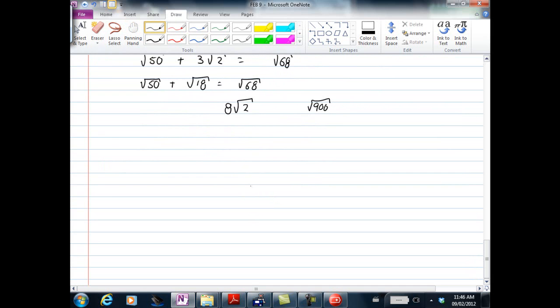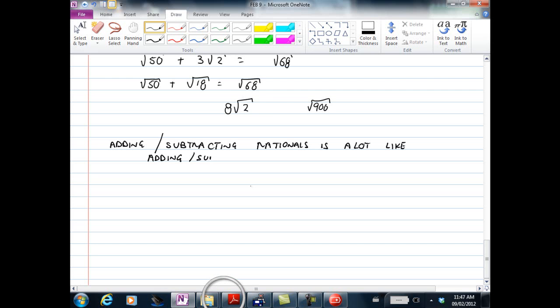Adding and subtracting rationals is a lot like adding and subtracting fractions. It's a lot like it.